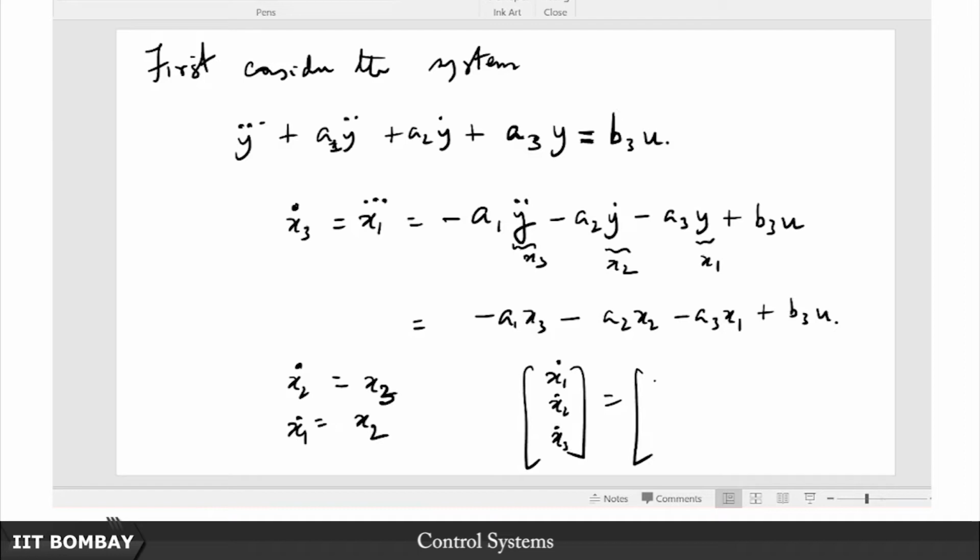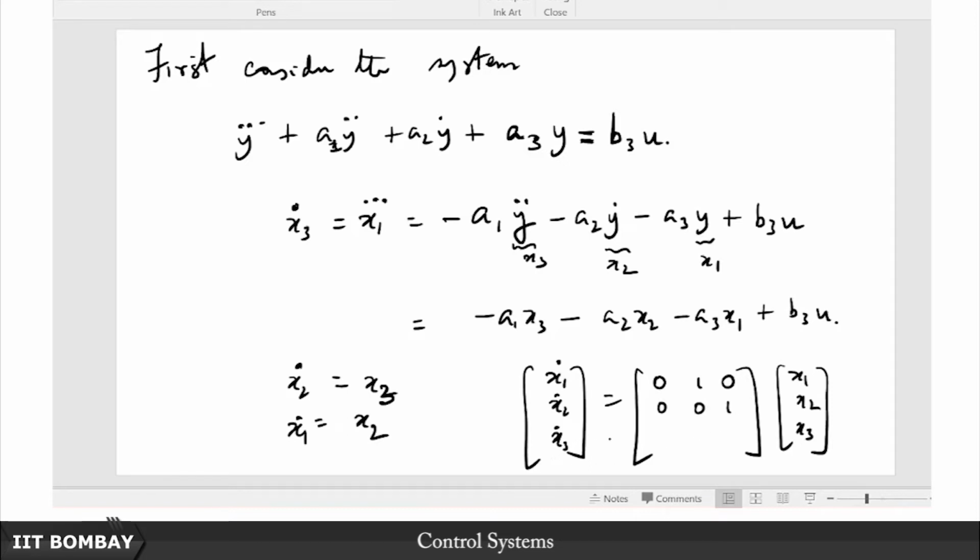x1 dot is equal to what? It's going to be x1, x2, x3. So this is going to be 0, 1, 0. x2 dot is going to be what? x3, that is 0, 0, 1: 0 times x1 plus 0 times x2 plus 1 times x3.